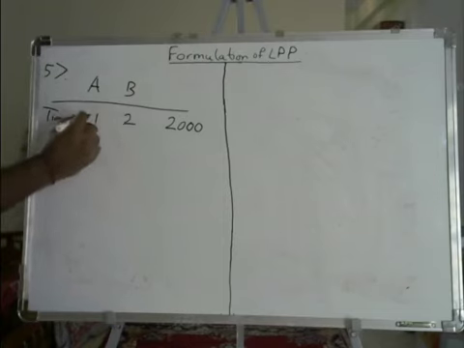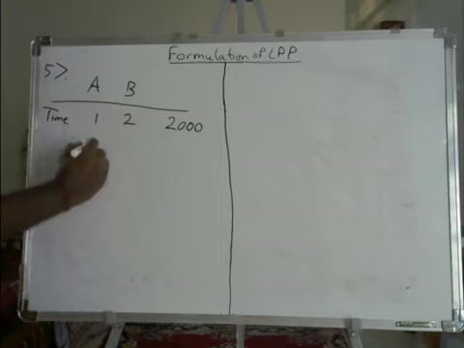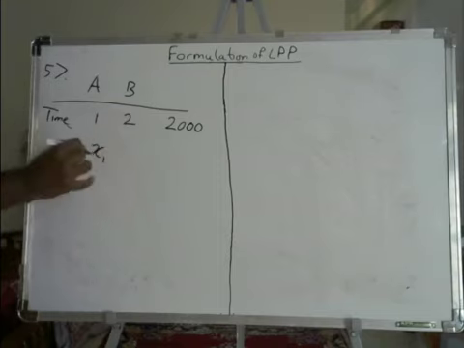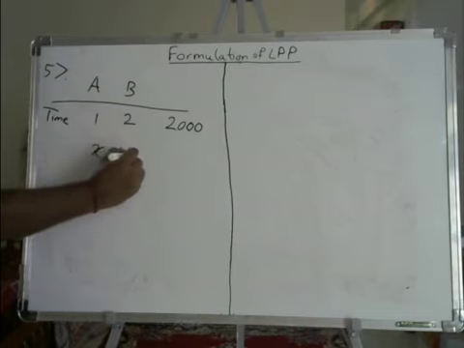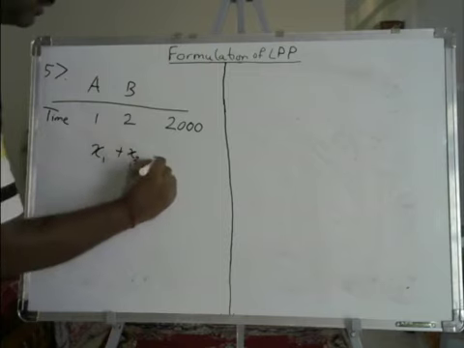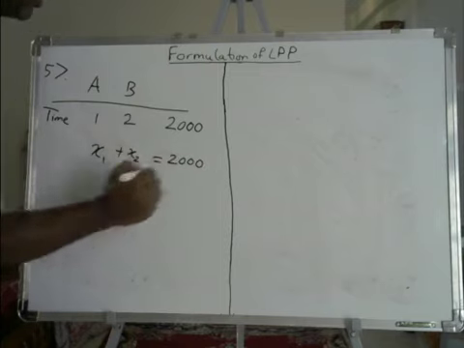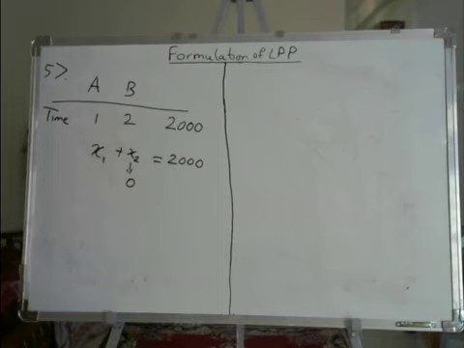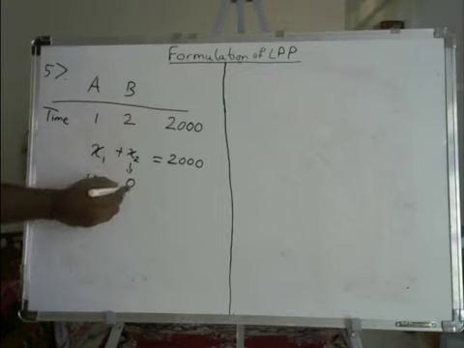Let x1 be the number of products of A produced. If they produce only x1, they are not producing x2 at all. If x2 is 0, all they will be producing is 2000 units.